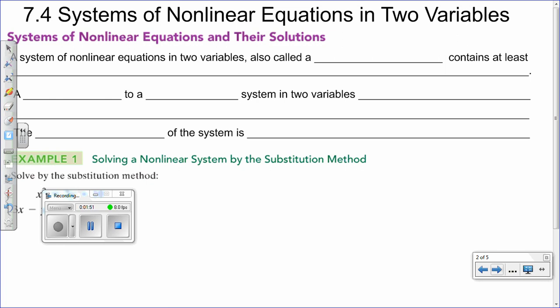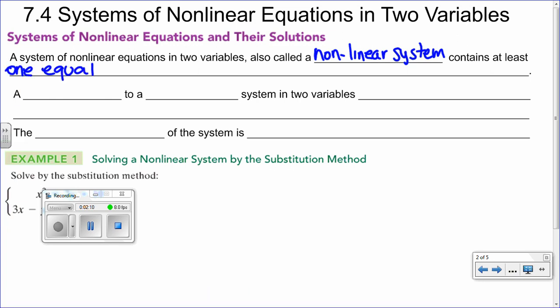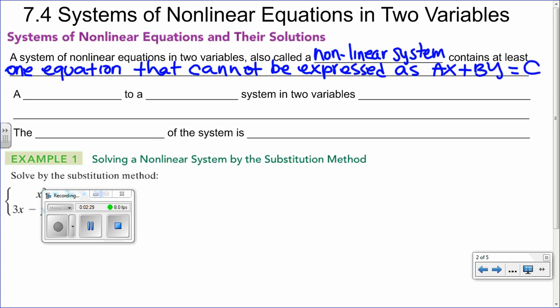A system of nonlinear equations in two variables, also called a nonlinear system, contains at least one equation that cannot be expressed as ax plus by equals c, which is the standard form of a linear equation.